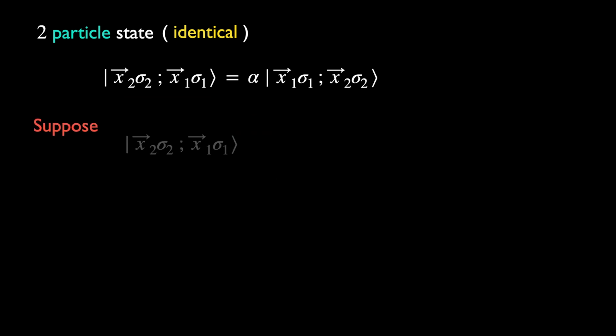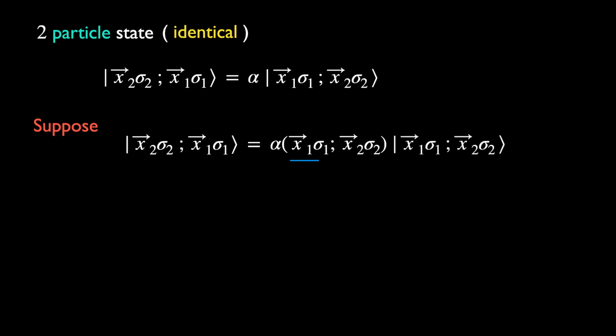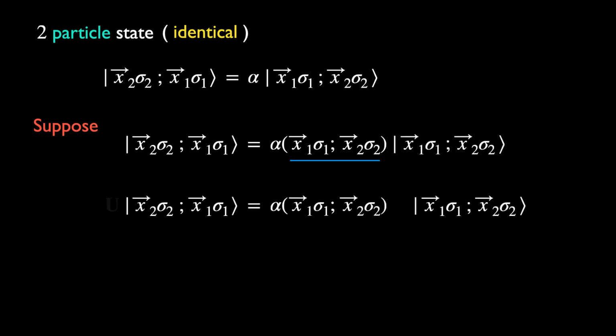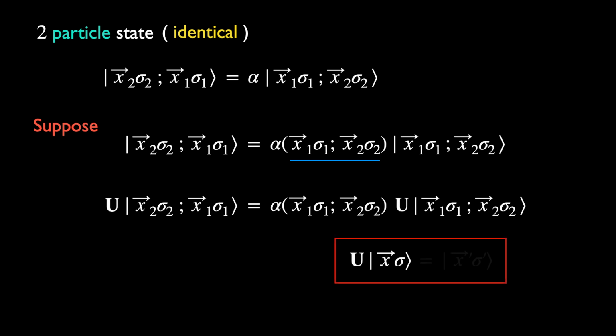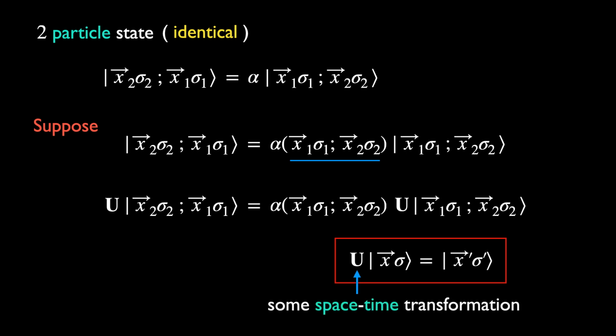Suppose alpha does in fact depend on the positions and sigmas. Let's apply some space-time transformation u to both sides of the equation. As we have said earlier, the positions and sigmas will change under this transformation.